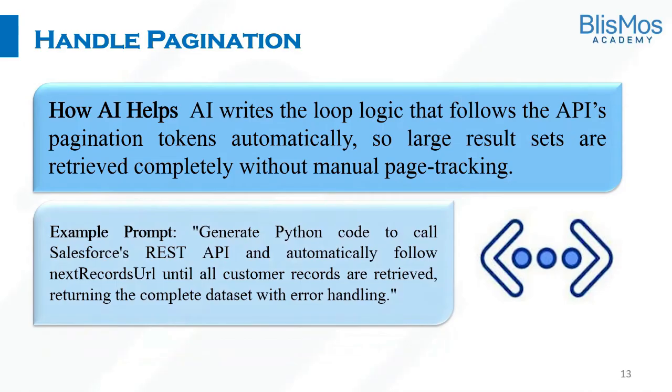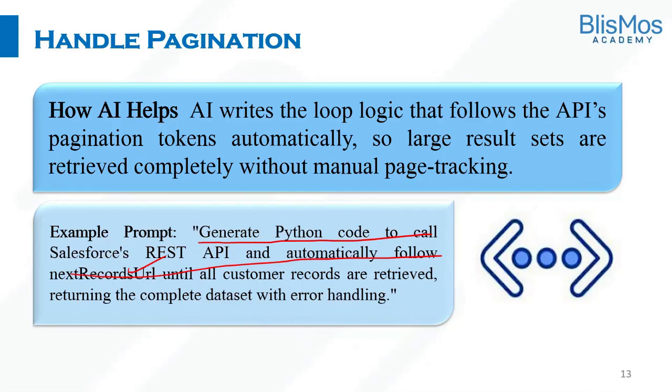In order to write the pagination logic, we can use a prompt like: generate Python code to call the Salesforce REST API and automatically follow the next records URL until all the records are retrieved, returning the complete data set with error handling. Okay.